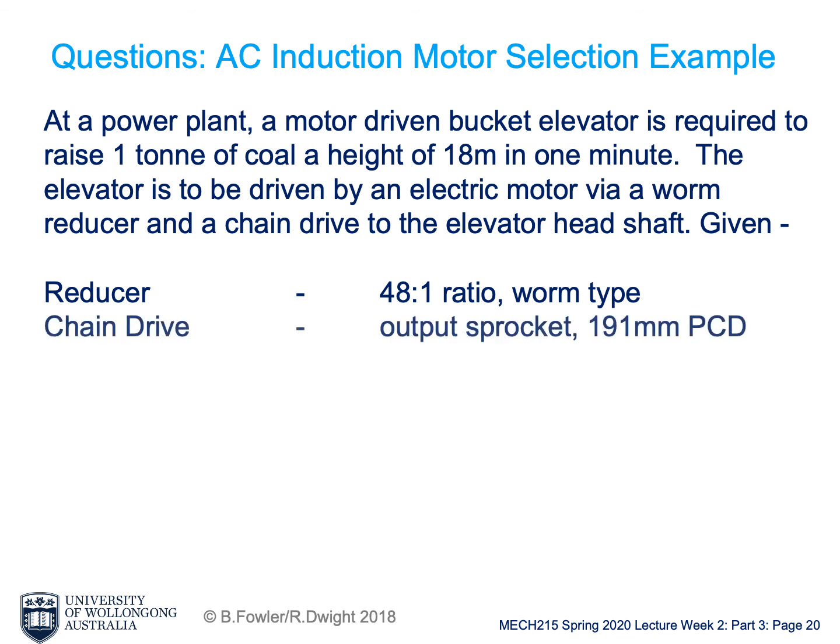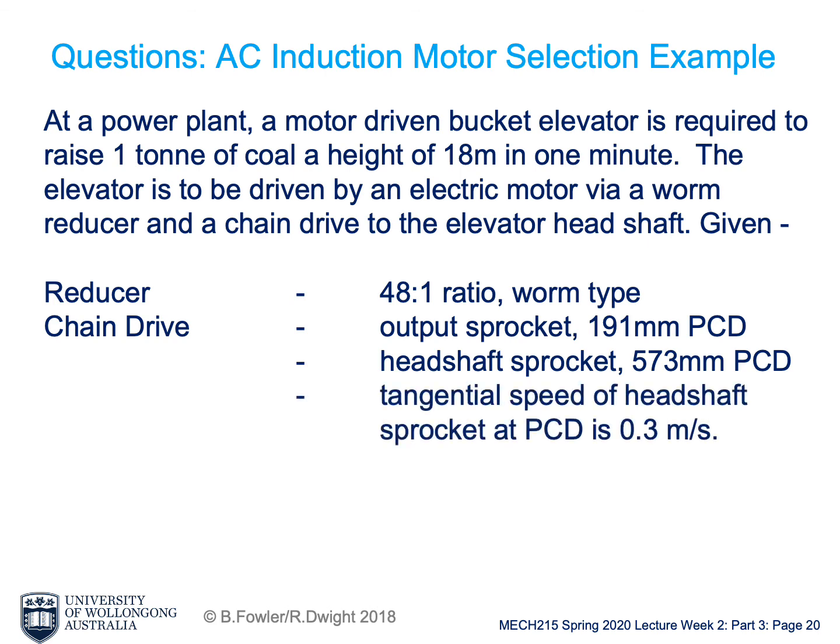The worm gear has a gear ratio of 48/1. For the chain drive, the output sprocket is 191 and the head shaft sprocket is 573, so it's a 1/3 ratio with the chain drive.